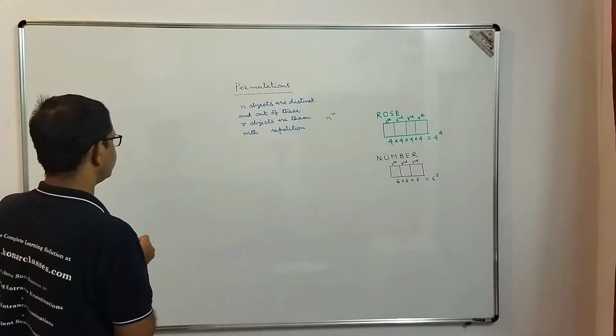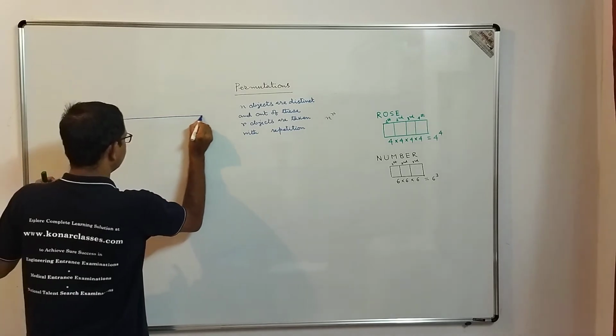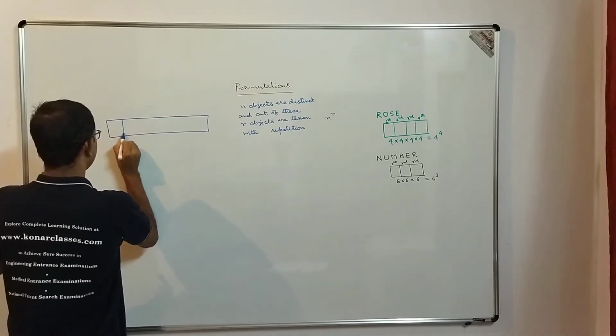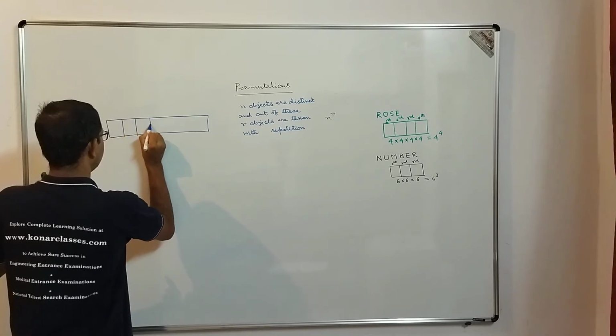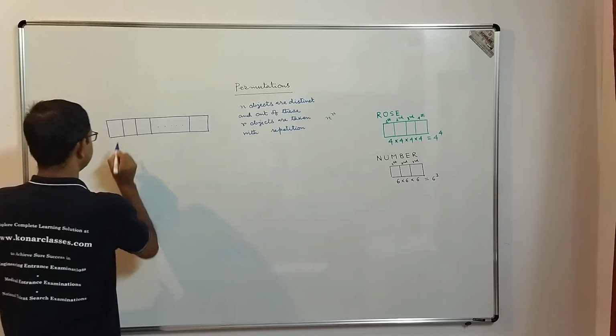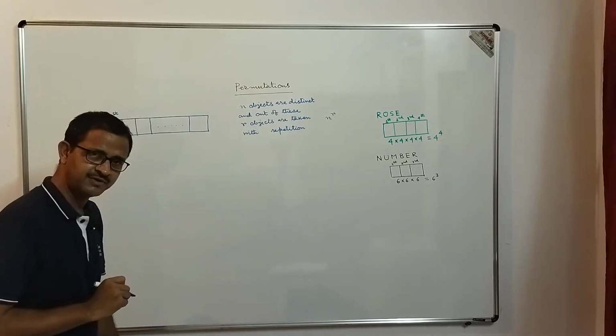Dear students, let's make a placeholder for all these r objects. This is for the first one, this is the second one, this is the third one, and in that way it will continue, and this is the rth one, correct? So this is the first. In how many ways can the first be filled up?